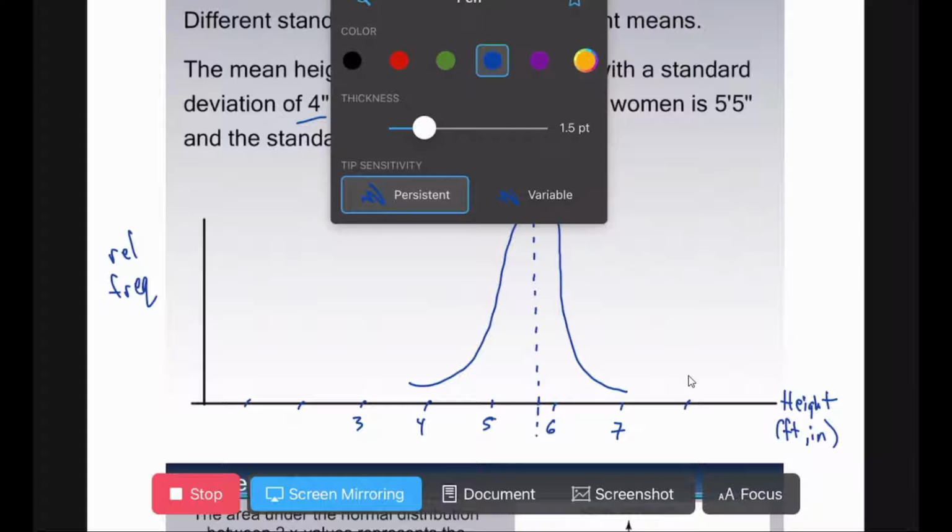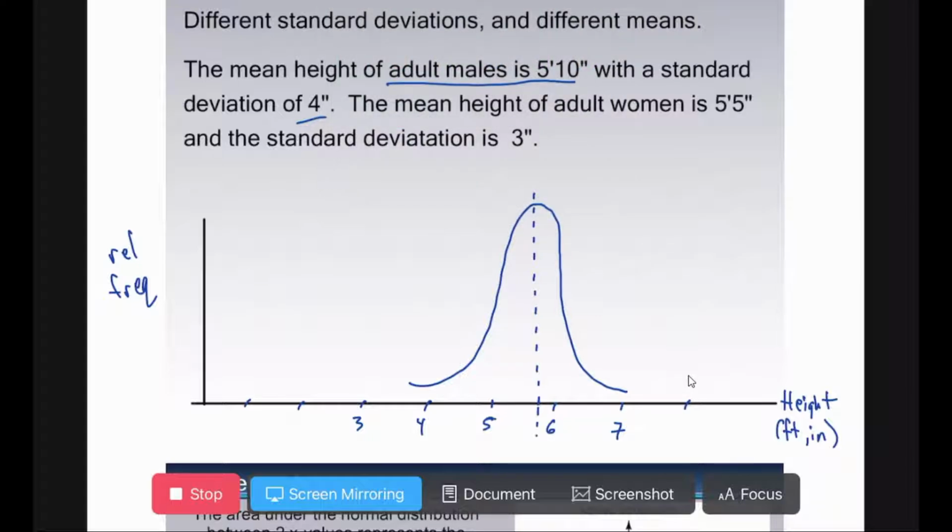And then for the women, the mean is 5'5", standard deviation of 3 inches. So that is going to be a bit below 5.5 feet, so we're going to have our mean right here. The standard deviation is lower, which means our curve is narrower, which means it's going to be higher. So that's going to look something like this. And hopefully you got the same thing as well.